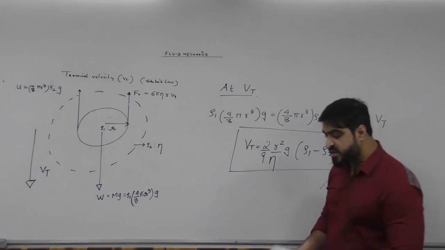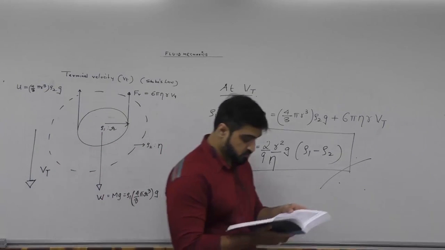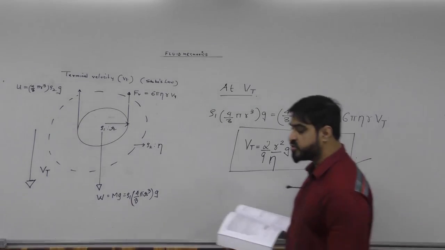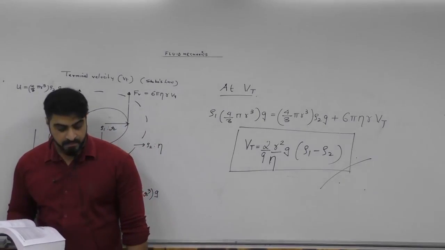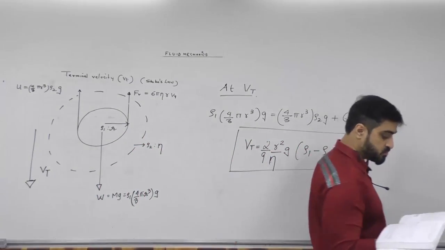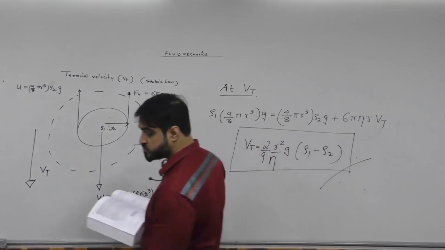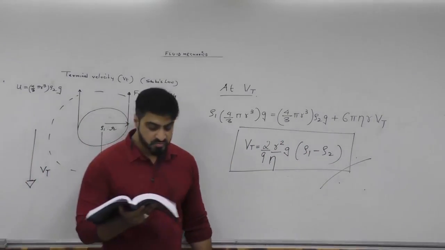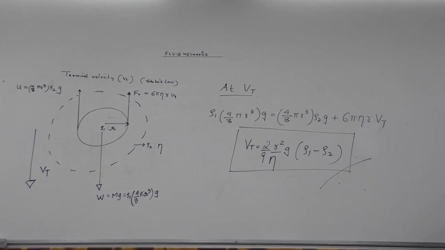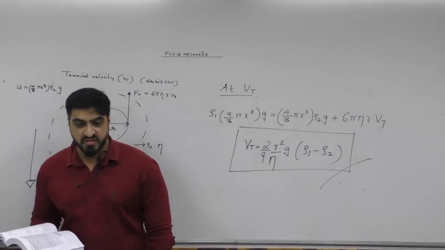A plate of area 2 meter square is made to move horizontally with a speed of 2 meter per second by applying a horizontal tangential force over the free surface of the liquid.